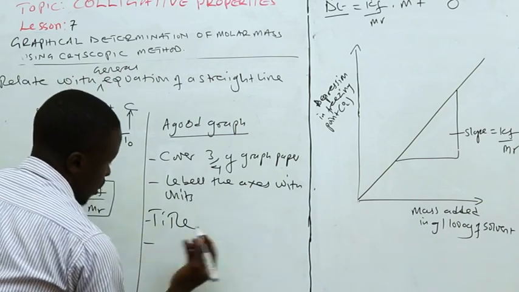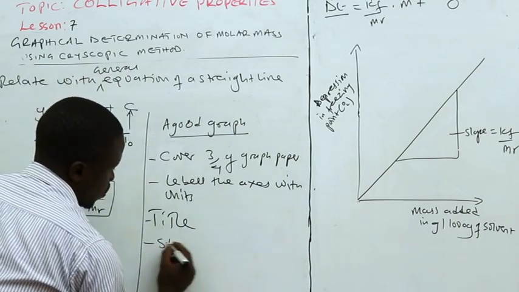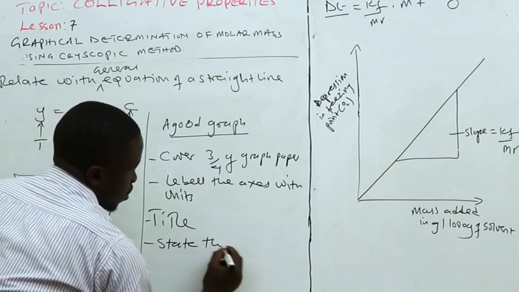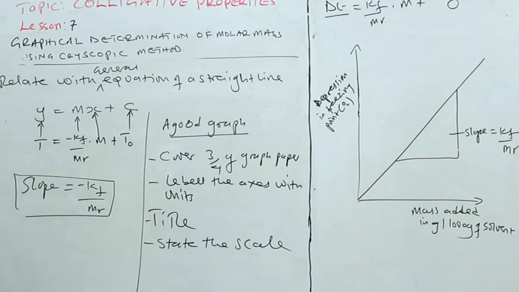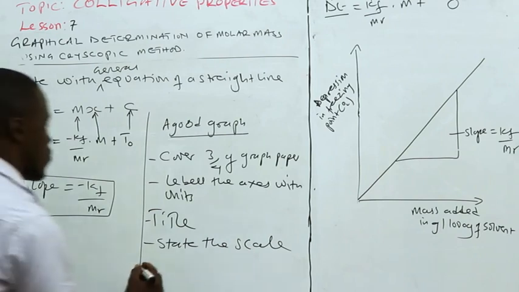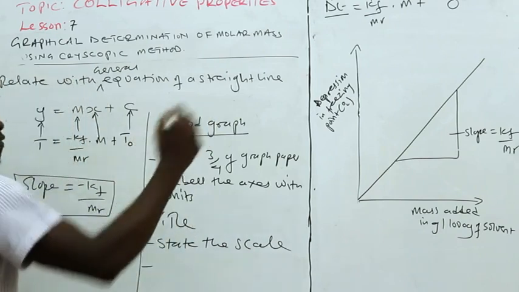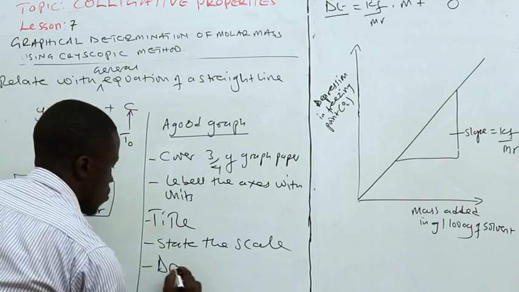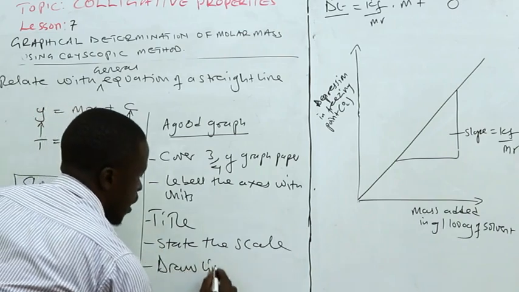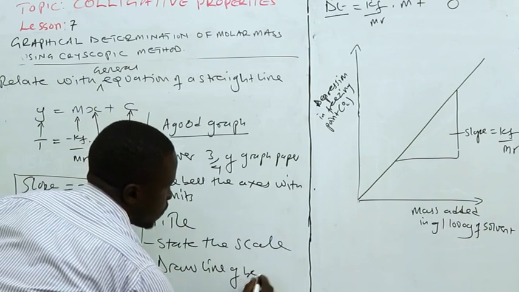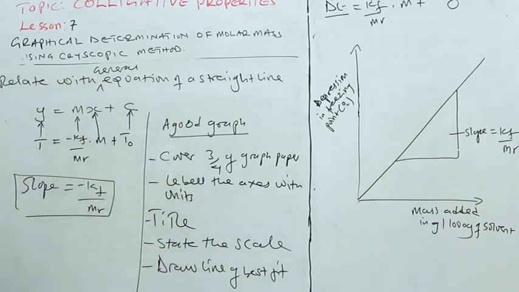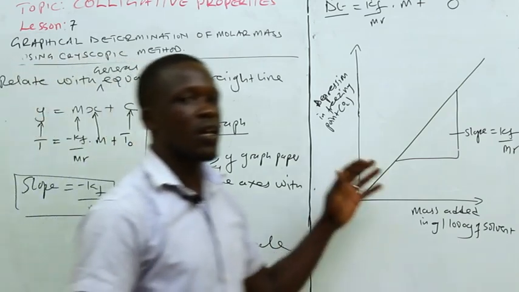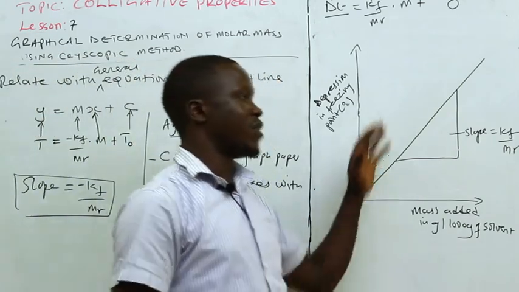Let's use a good scale, and state the scale you are using. When you are drawing, draw the line of best fit, because these are experimental values. They may not lie on the same line, but we can draw a line of best fit.